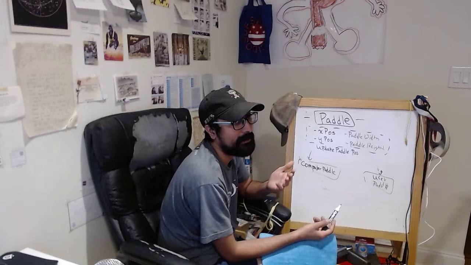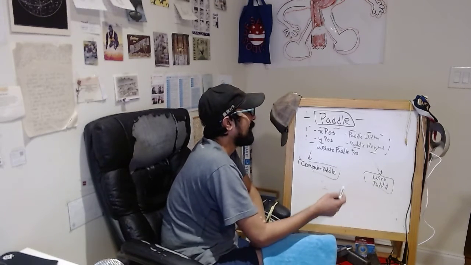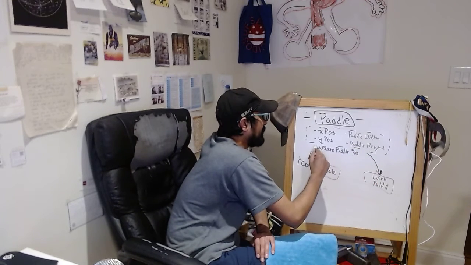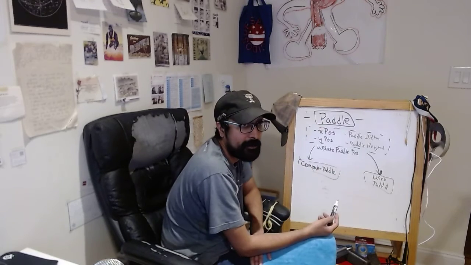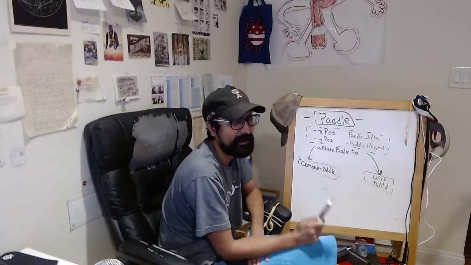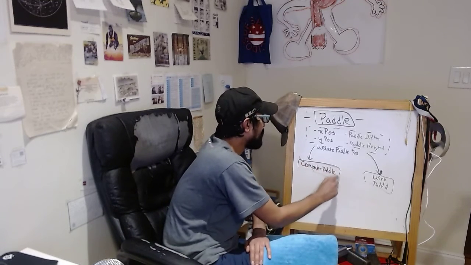And sometimes they might not even share the same state variables. You can add more state variables to user paddle. But what we're going to do is use inheritance. And so computer paddle and user paddle will inherit from this base class paddle. Okay, base class. Remember universal base class. So we'll come back to that. So we're inheriting from paddle. What does it mean when we inherit from paddle?